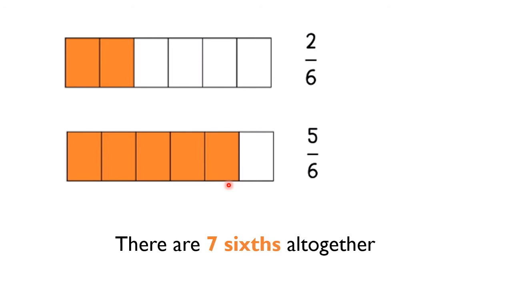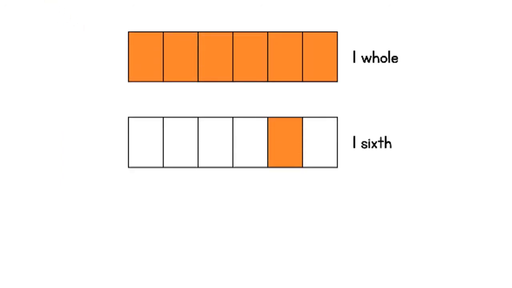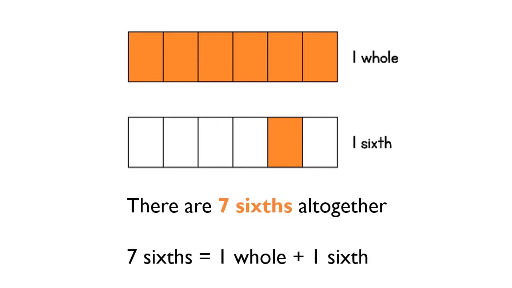Altogether there are 7 sixths, because we know that 5 add 2 equals 7. So we have 7 sixths, which can be displayed like this. Here we've moved around the coloured in sixths so that you can see that we have 1 whole and 1 sixth. So 7 sixths equals 1 whole and 1 sixth.